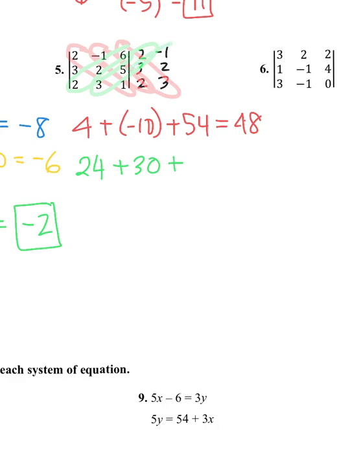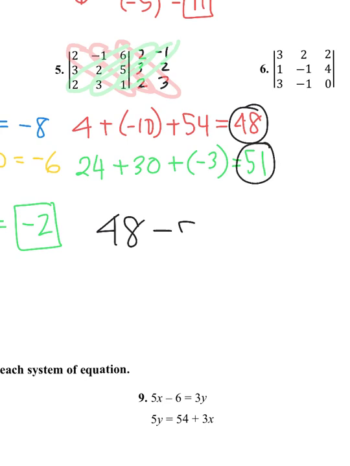And add that with the product of 1, 3, and negative 1, which gets me negative 3. All right, so adding those all up together, I get 51. Okay, so my final answer, I'm going to take my first number of 48 and subtract it with my second number of 51, giving me a final answer of negative 3.